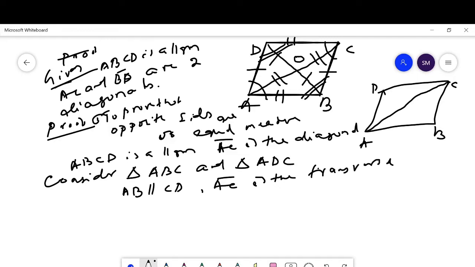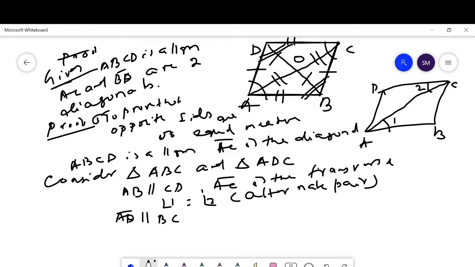Then this angle is equal to this angle. Suppose this is angle 1, this is angle 2. Angle 1 is equal to angle 2 since they are alternate pair. And another condition is AD is parallel to BC, and AC is the transversal.